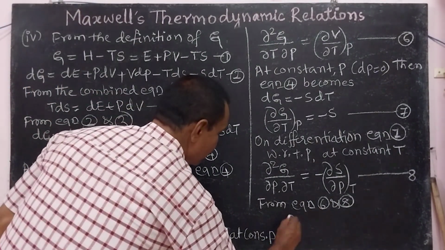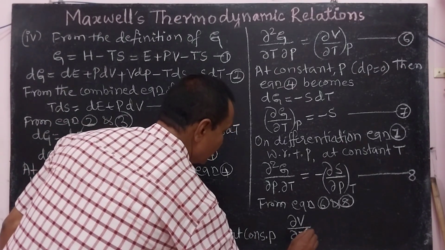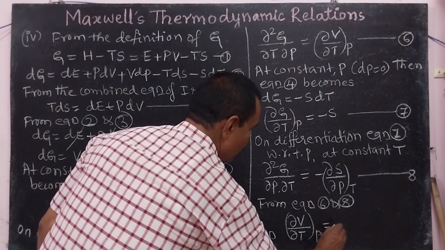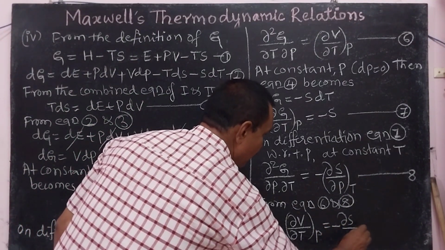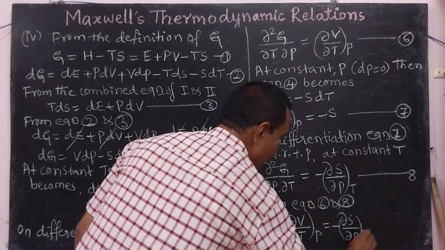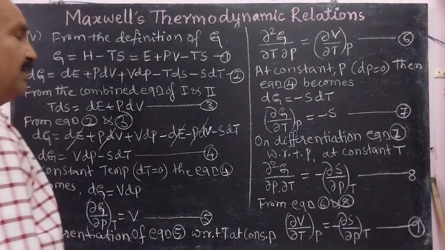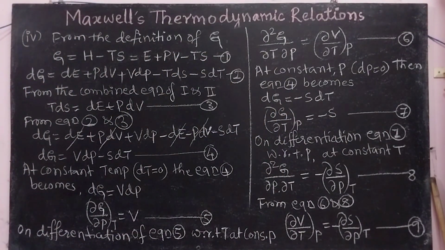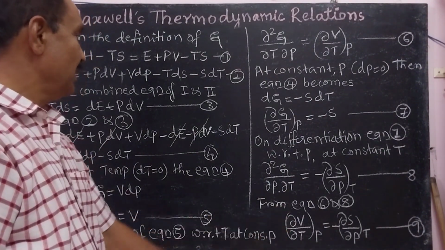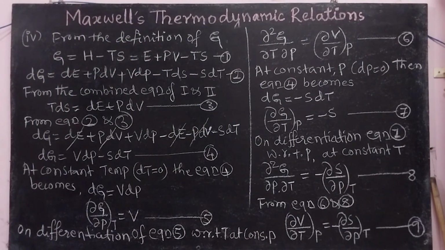Then we get ∂V divided by ∂T at constant pressure is equal to minus ∂S divided by ∂P at constant temperature. Suppose this is equation 9. Equation 9 gives the relation between pressure, temperature, volume and entropy, which is derived from the definition of free energy G.